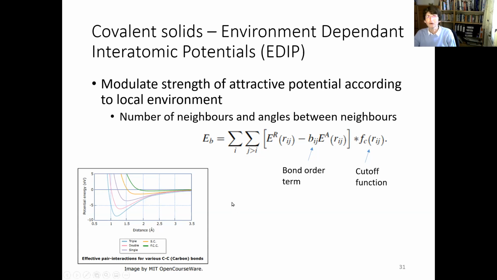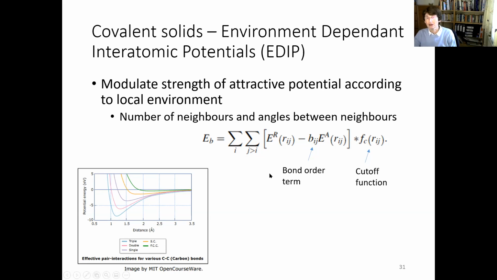These come under a general category, we would say environment dependent interatomic potentials, that have a general functional form shown here. So as before, we've got a two-body repulsive term, and we've got a two-body attractive term. With the two-body attractive term, the important thing is that it's modified by a bond order term. So this is basically where all the physics is encapsulated.